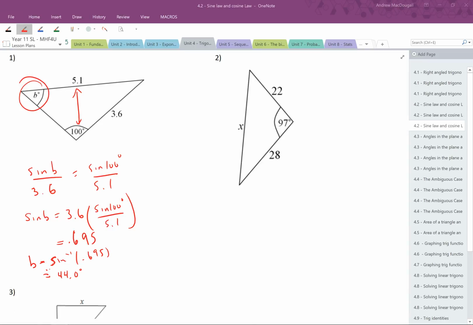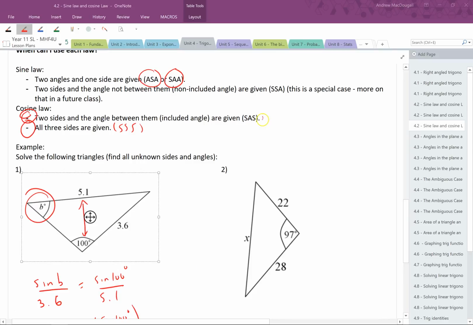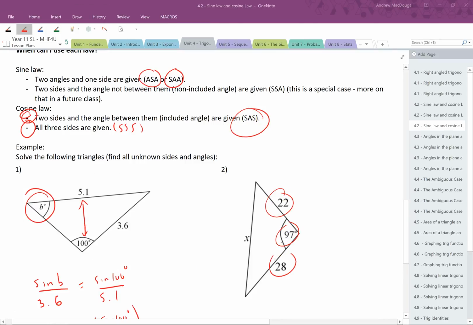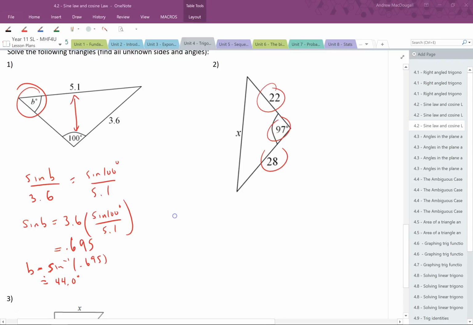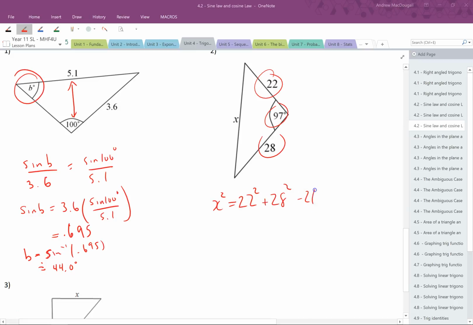Let us look at example 2 now. Here, we don't actually know two pieces of information across from each other, so the cosine law is the law to use. This is SAS, side angle side, which is a cosine law case. So the cosine law says x squared equals 22 squared plus 28 squared minus 2 times 22 times 28 times the cosine of 97 degrees.